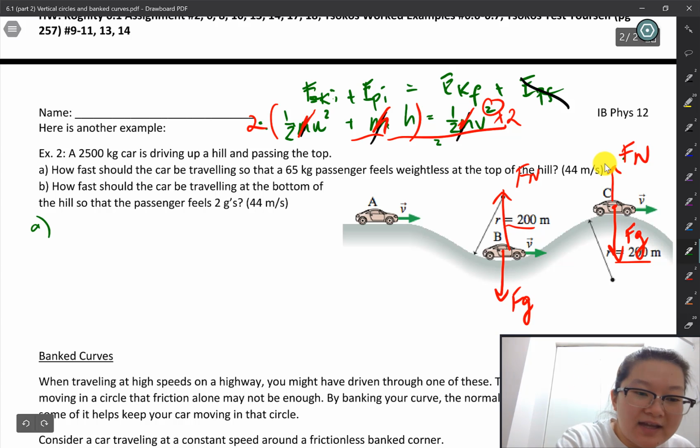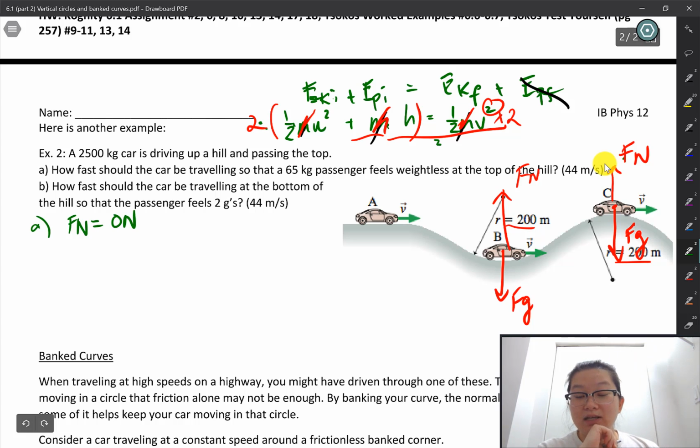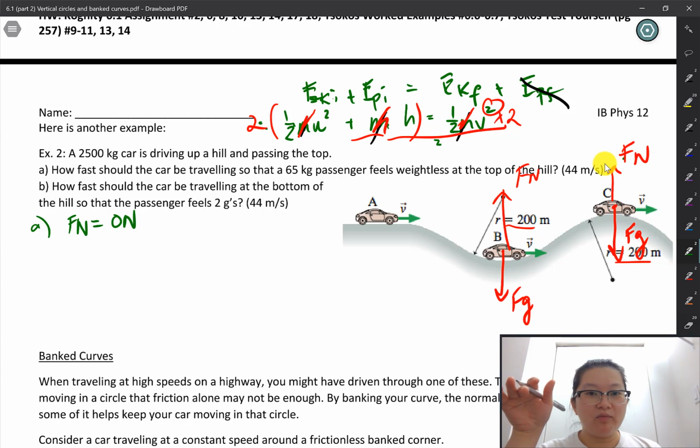If you think Fn is 0 for weightless, you are correct. So that means that the car is clearing the top of the hill with so much speed that the person in this case does not feel any weight at all. Which is kind of why, if you go really fast, you feel like you're flying off the top of the hill in a sense.